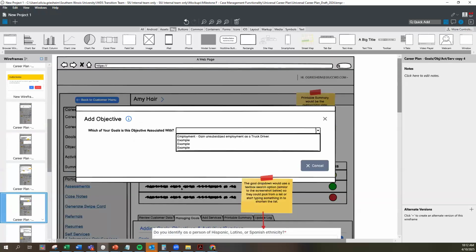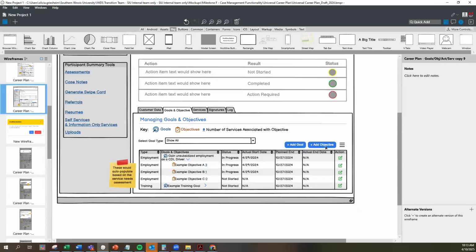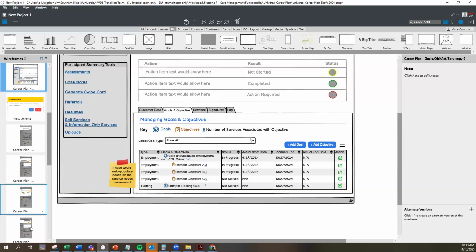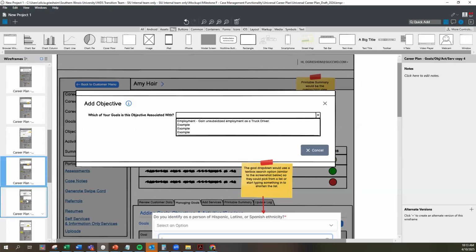And then for our add objectives, we had the other button to add objectives here. Whenever we need to add objectives, we identify what goal this objective is associated with, and it will pull all the goals that you've added to pick from, and then the system will know what the goal is and the type it falls under.